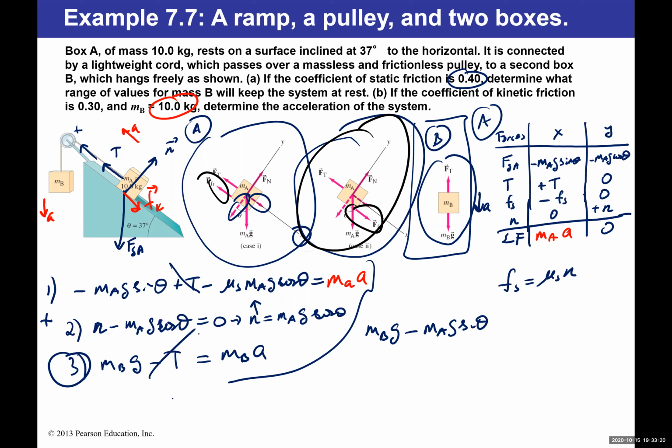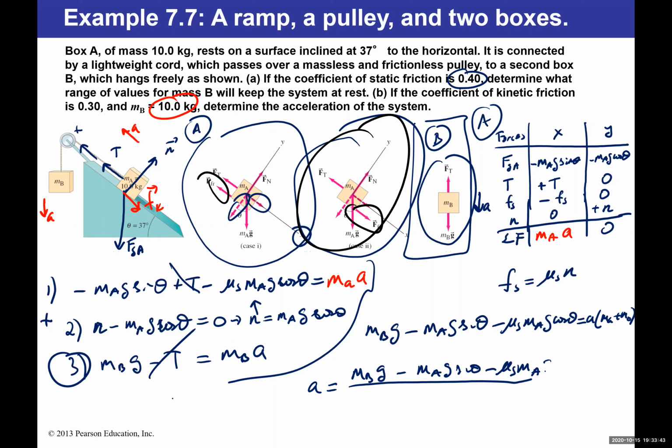If I add, the tensions go away, then minus mu k mAg cosine theta. On the right side, I have acceleration times mA plus mB, which means acceleration equals mBg minus mAg sine of theta minus mu k mAg cosine of theta, divided by mA plus mB.